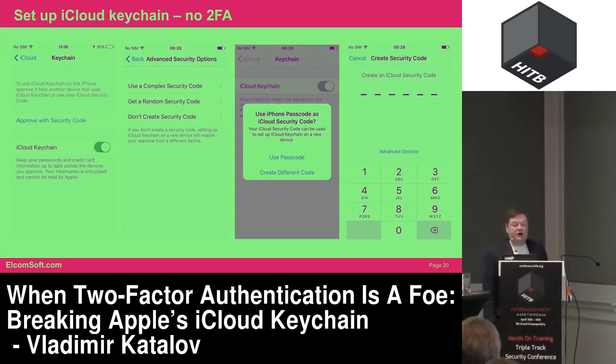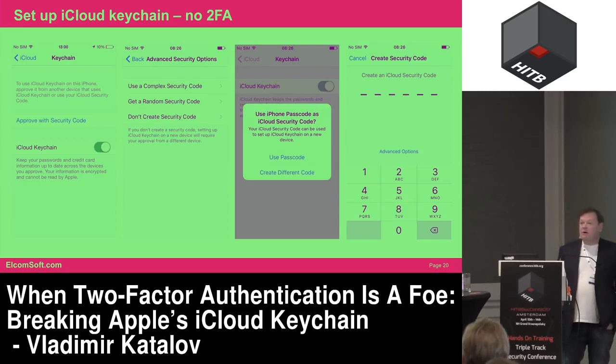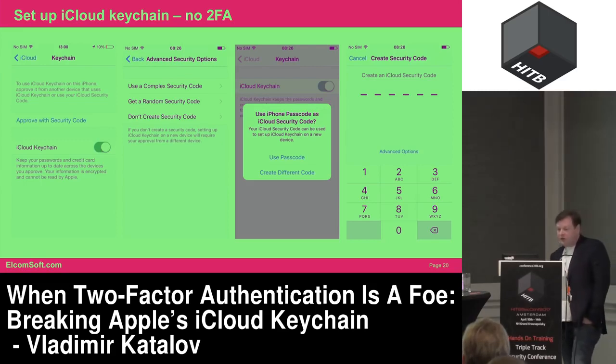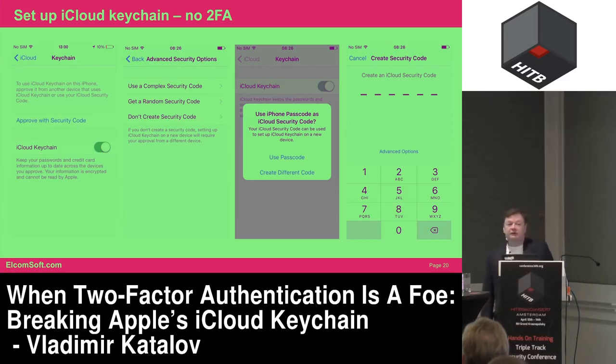To set up the iCloud keychain, to have not only the general data synced with the cloud but also your passwords and encryption keys, you have to set it up first. There is a way to do that for an account without two-factor authentication.